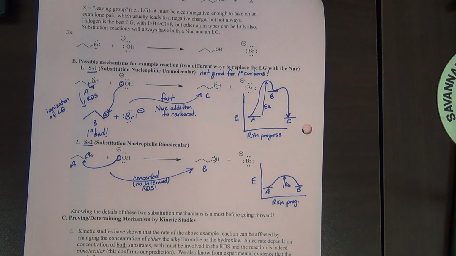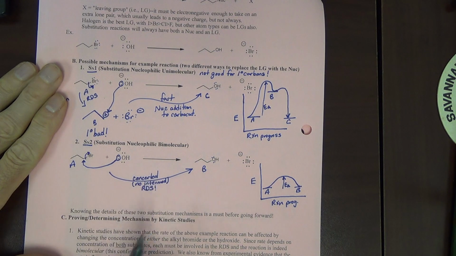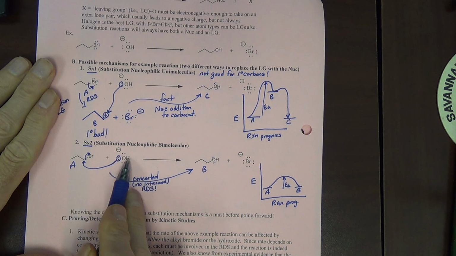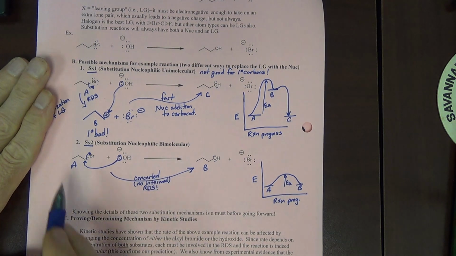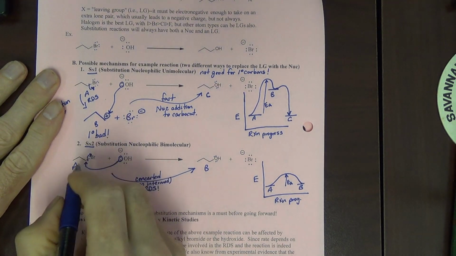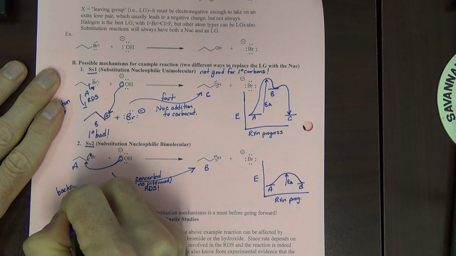Well, there's only one step. They better both be involved. Indeed, they are. That's why it's called substitution by a nucleophile, substitution nucleophilic, but bimolecular, SN2. This is a concerted mechanism. This is also our, if you remember, our backside attack.